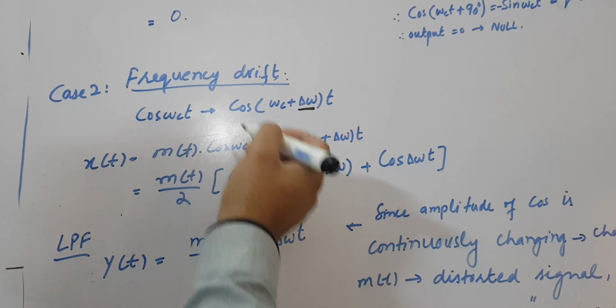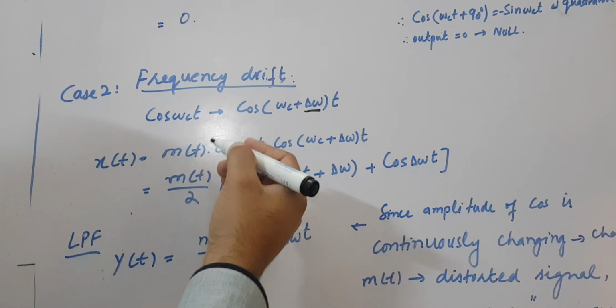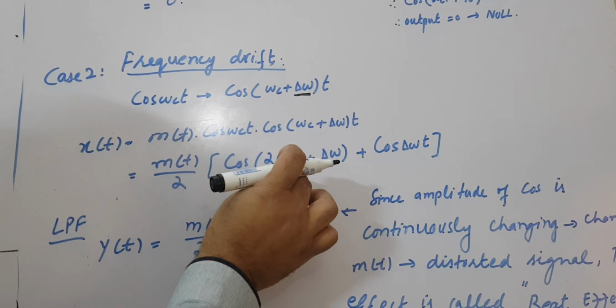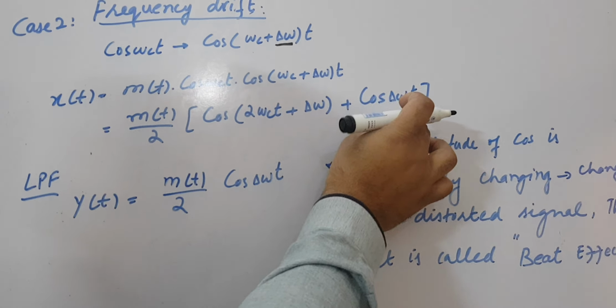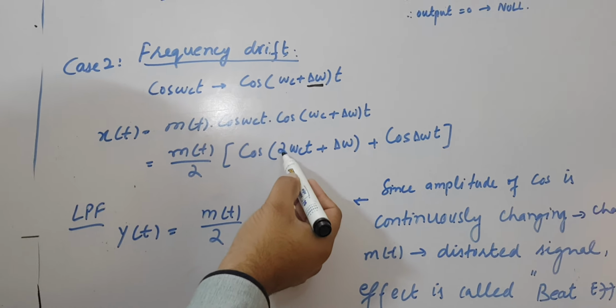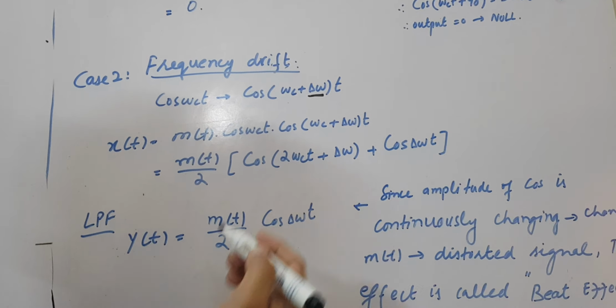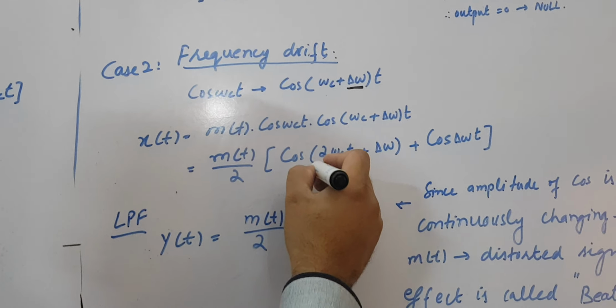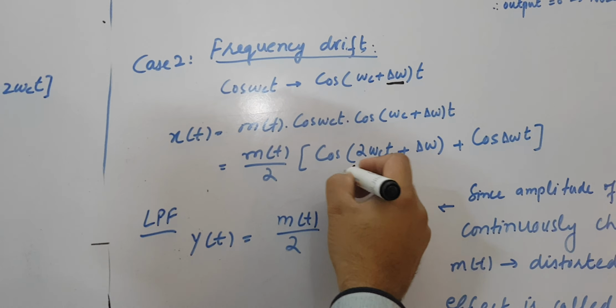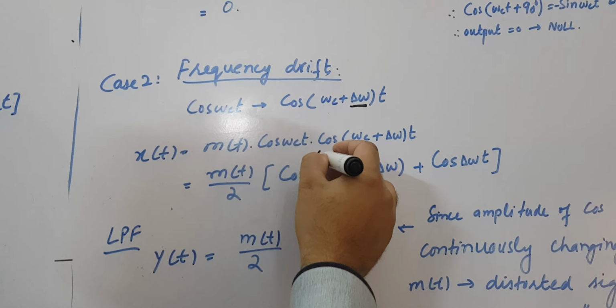Again you can use the formula cos A cos B equals cos(A plus B) plus cos(A minus B). This gives a term with 2ωct plus Δω, plus cos Δω. The frequency of the first is 2fc plus or minus fm, so the low pass filter will not allow it to pass.